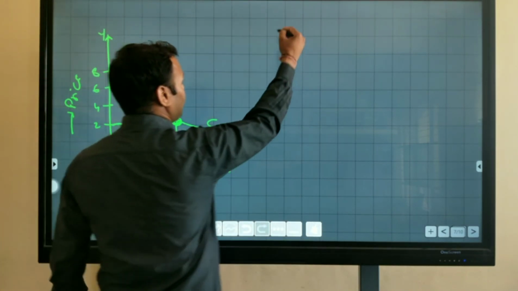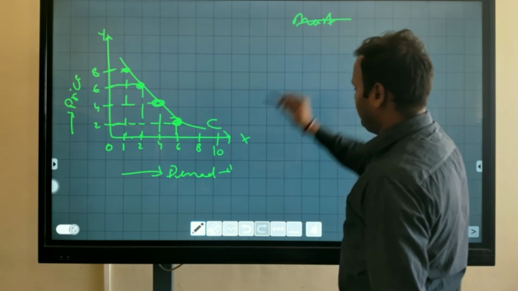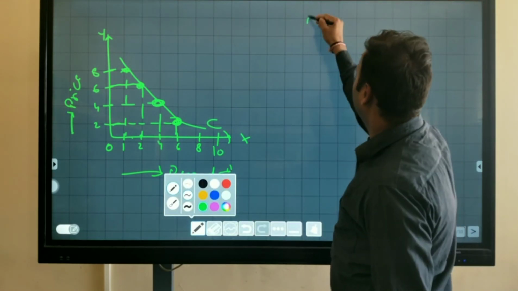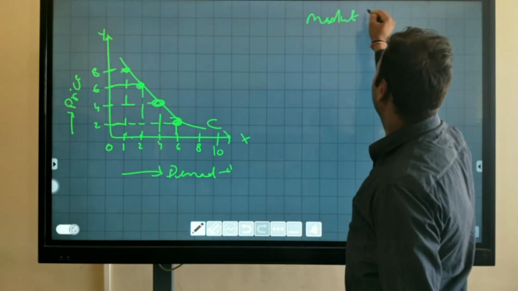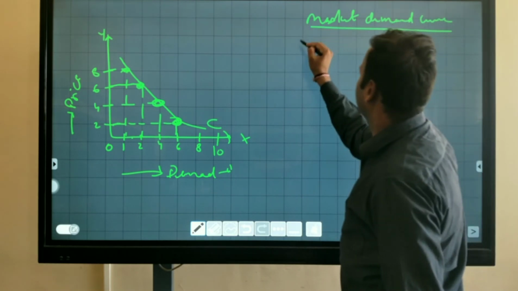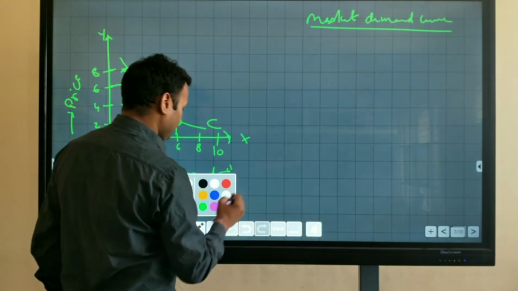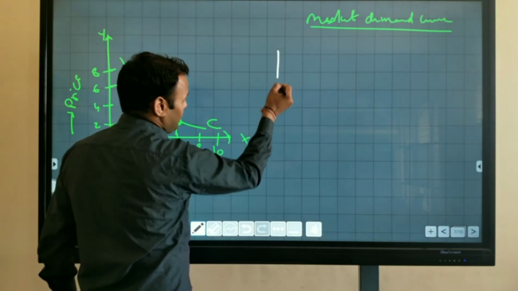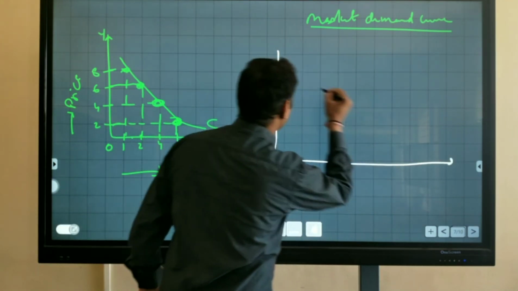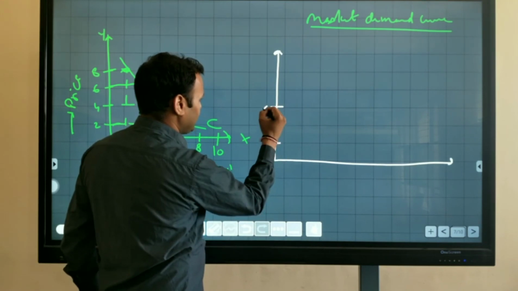Now come to the market demand curve. So what is the market demand curve? The price is 2, 4, 6 and 8.